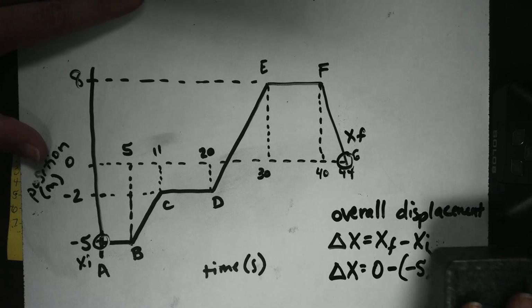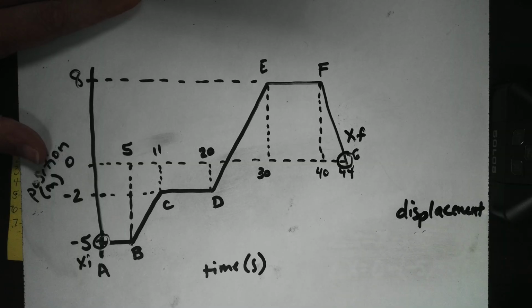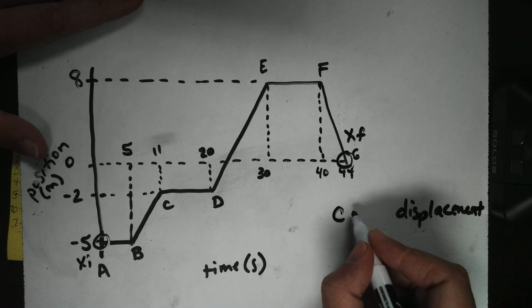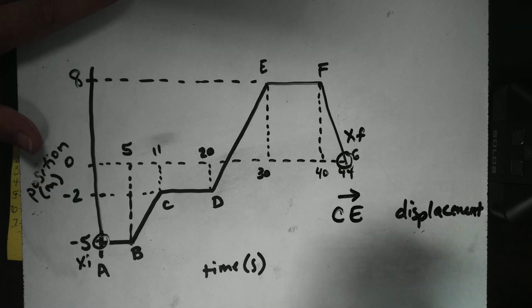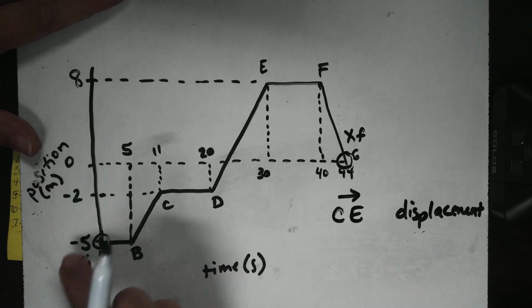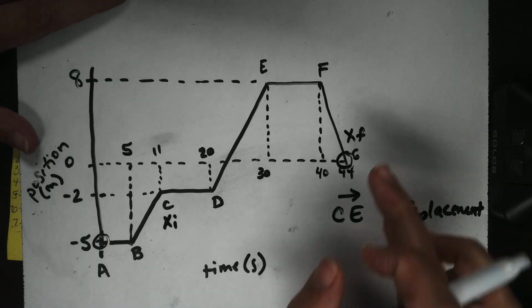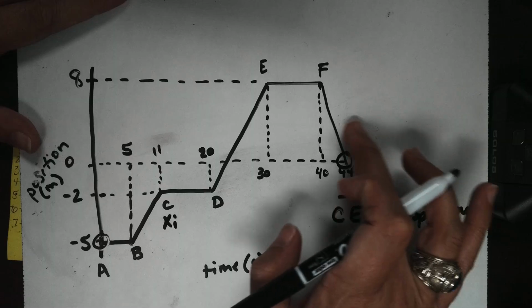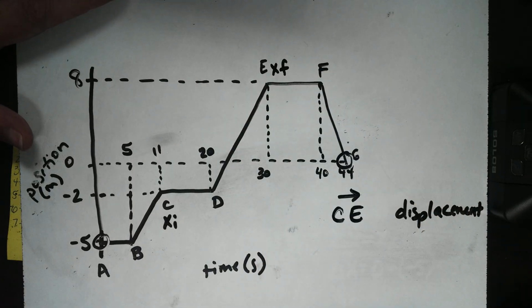If I asked you what was my displacement from, let's say, C to E, then in this case C is my starting point, and E is my ending point. So I can use those exact same rules as before.